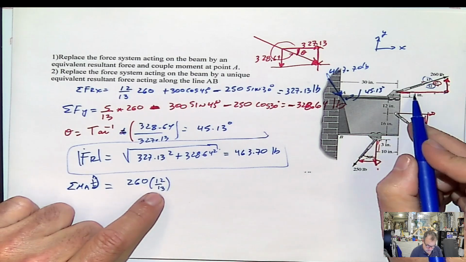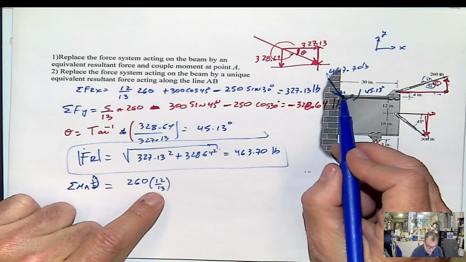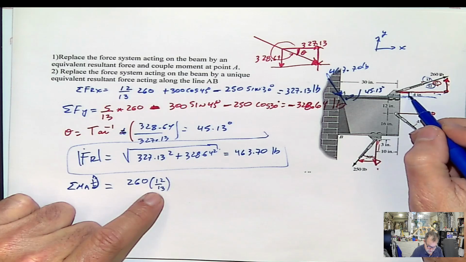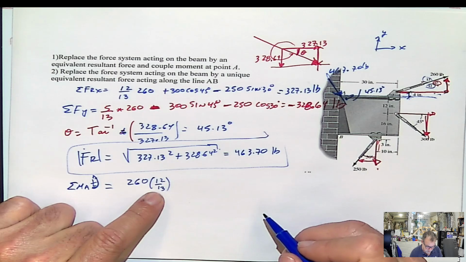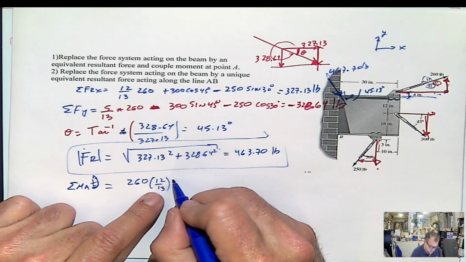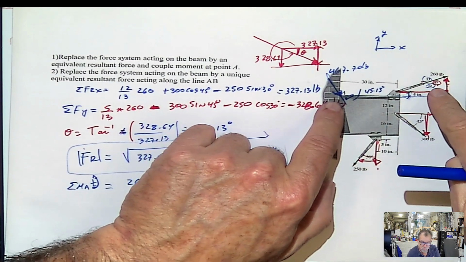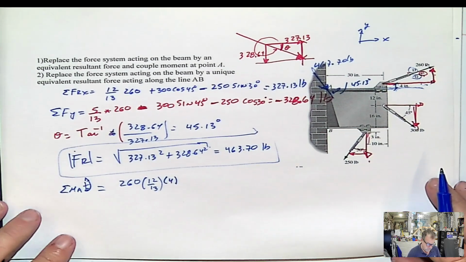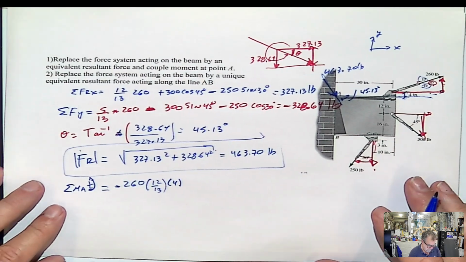That force is multiplied by this distance, because that's the vertical distance to the line that passes through point A, meaning 4 inches. Direction: put your finger, apply the force, rotation this way. Good. That means, according to this convention, that will be negative.